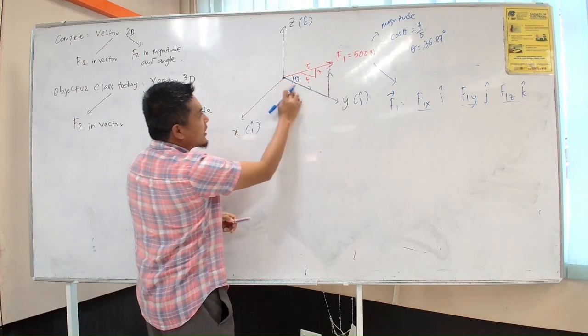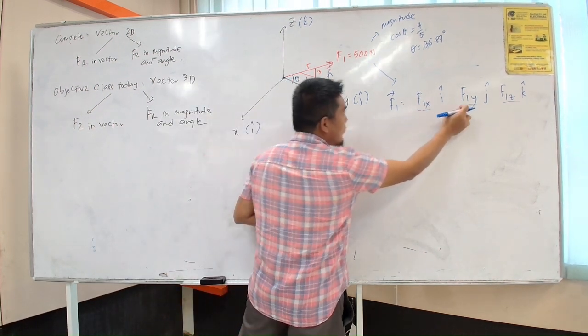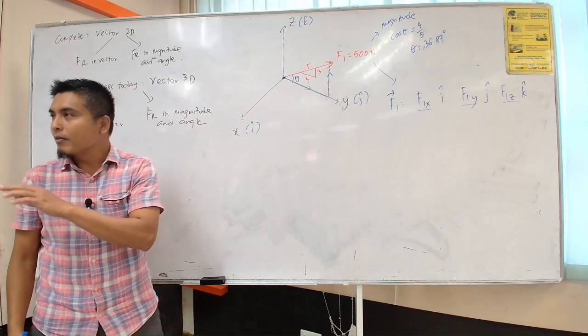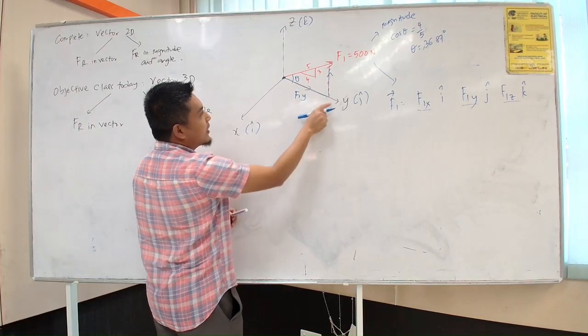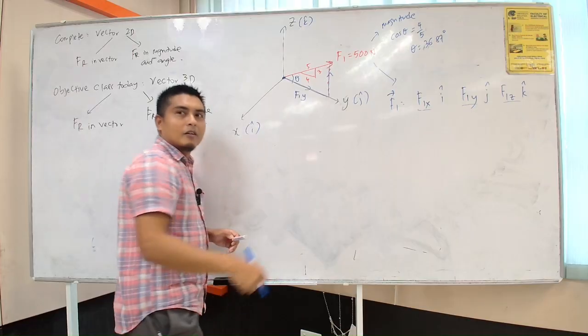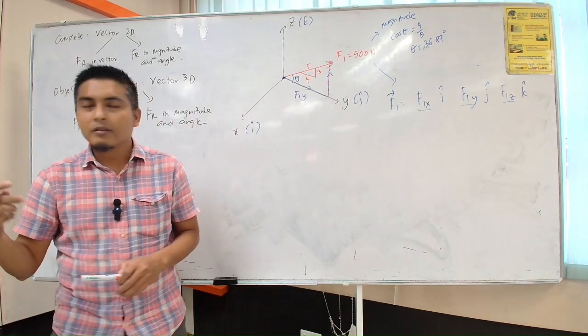So what is the label here? Is it F1x, F1y, or F1z? F1y. Is it similar with the y direction? So if similar with the y direction, is it positive or negative? Positive.